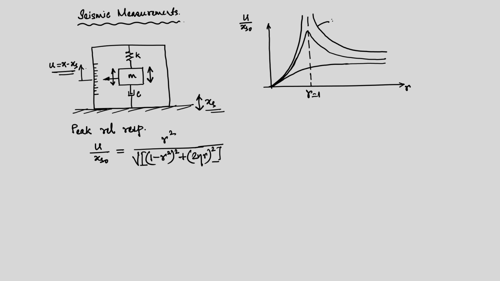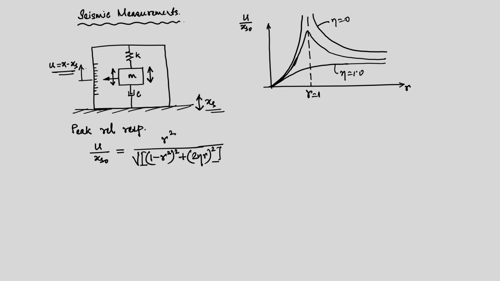This is eta equal to 0, and then as eta increases, we have this. This is for eta equal to 1.